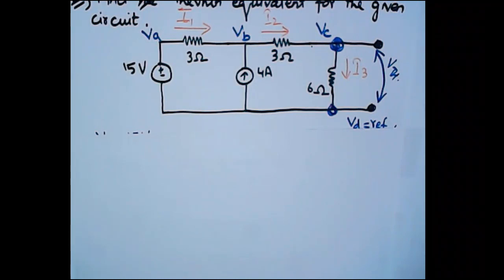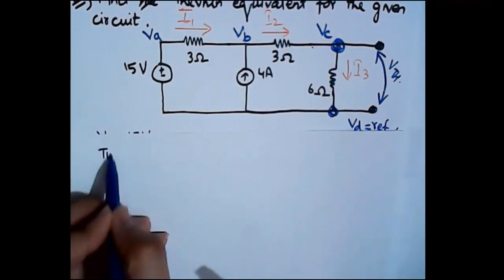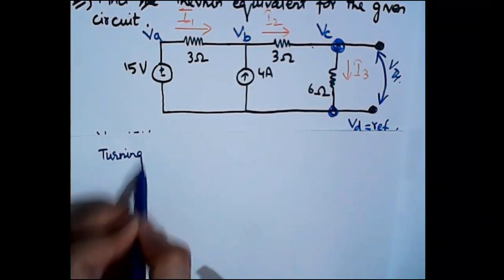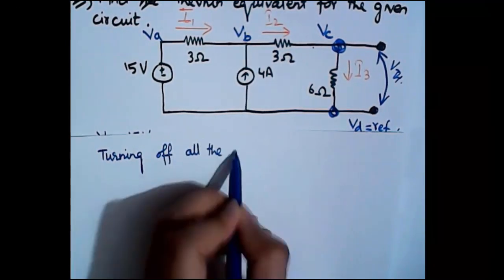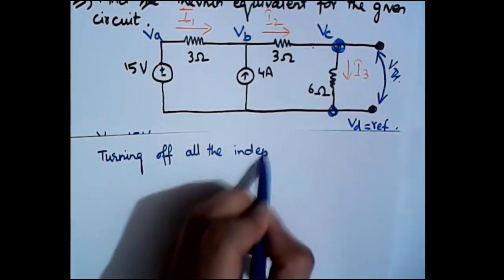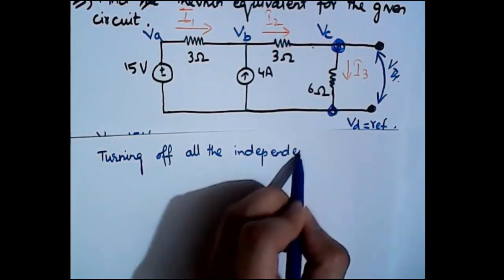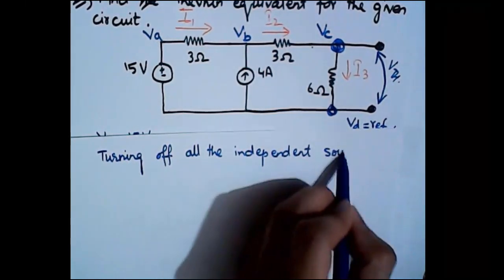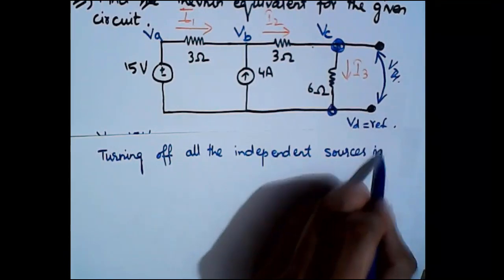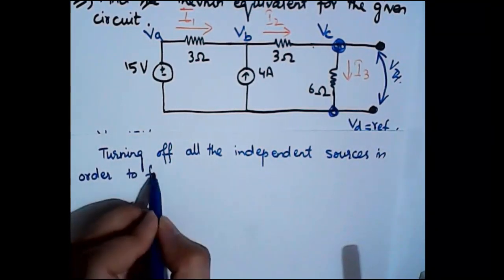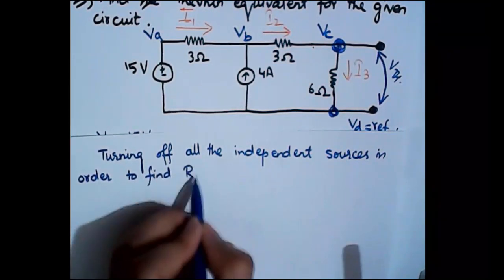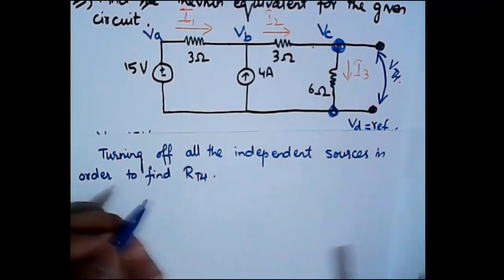So let's write it as turning off all the independent sources in order to find our Rthevenin, right?